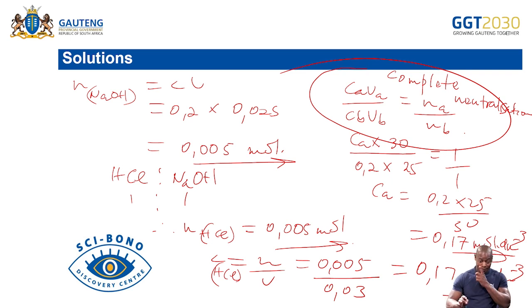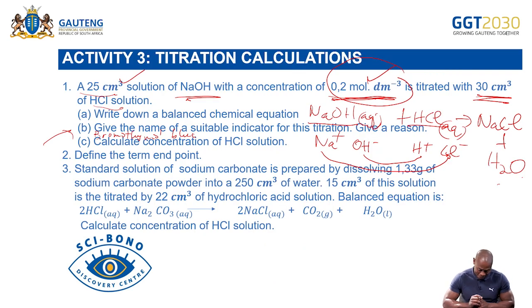Then let's look at the second question. They want us to define the term end point. The end point is the point where the indicator changes color. Where bromothymol blue will change color, that is what we call the end point. At that point, an acid has completely reacted with a base, and a base has completely reacted with an acid. So that is the end point, the point where the indicator changes color.